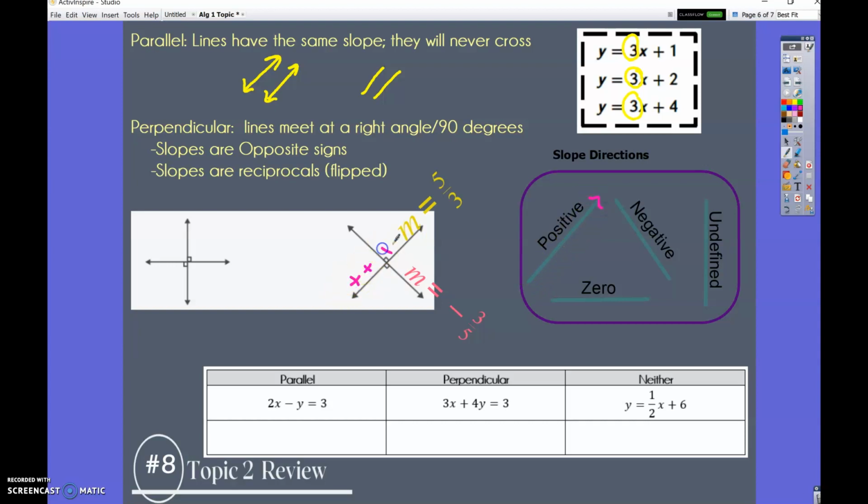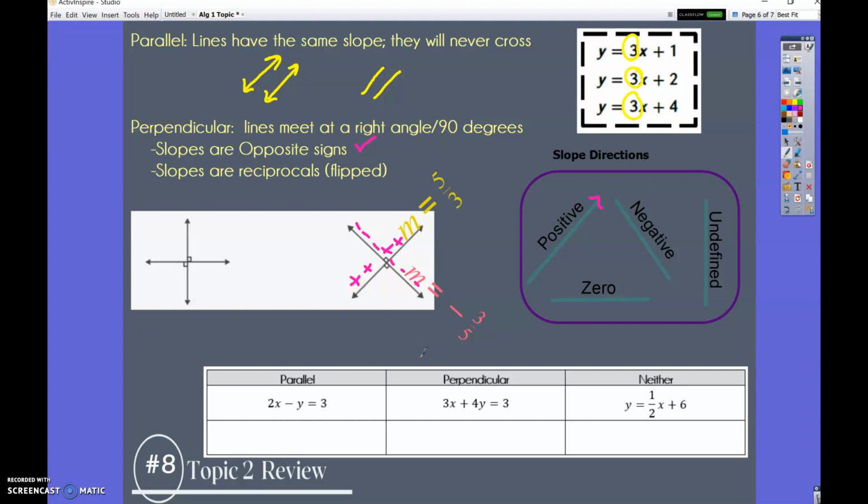So if this line's positive, if they're going to be perpendicular, it's a given fact that the other line will have to have a negative slope. So we would say that they have to have opposite signs. The other unique relationship is that the slope, or fraction maybe if you will, must be flipped. 5 over 3 is flip-flopped to give 3 over 5. That's how we note if 2 slopes are actually perpendicular to each other.